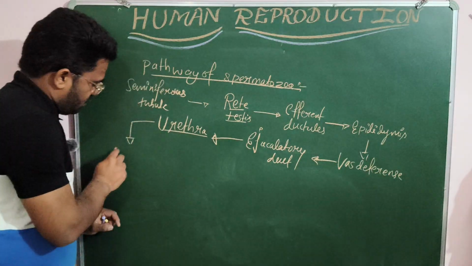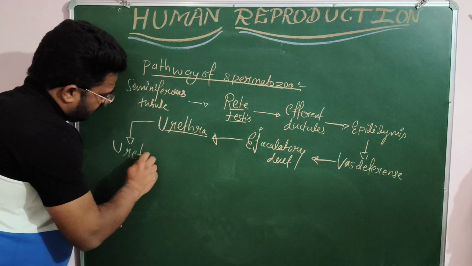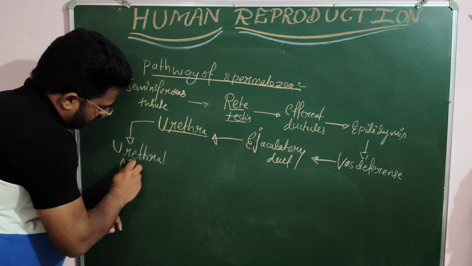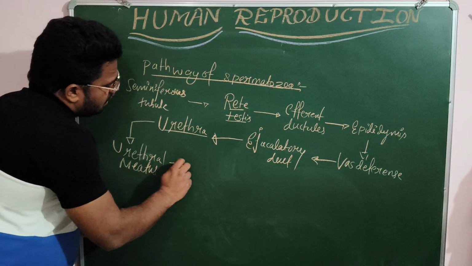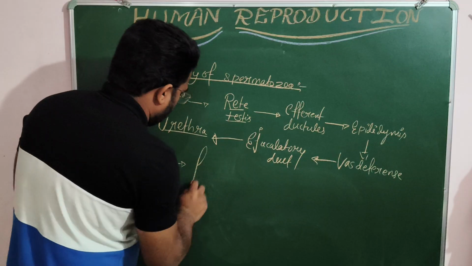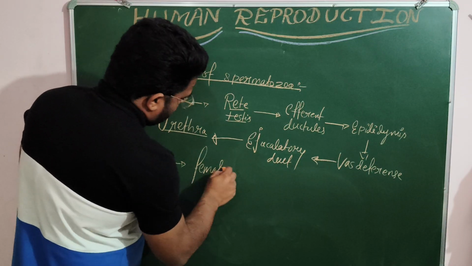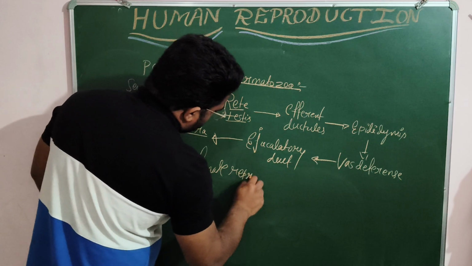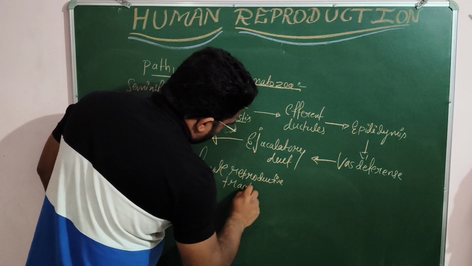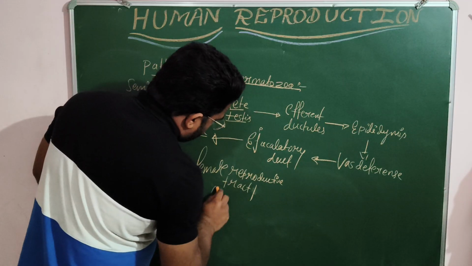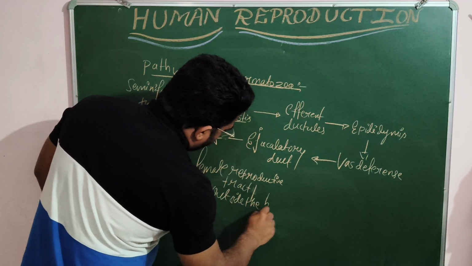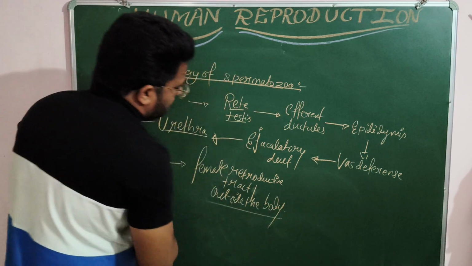And then, my dear students, it will come out of the male reproductive system through the urethral meatus, and then it will be transferred into the female reproductive tract or outside the body, right?